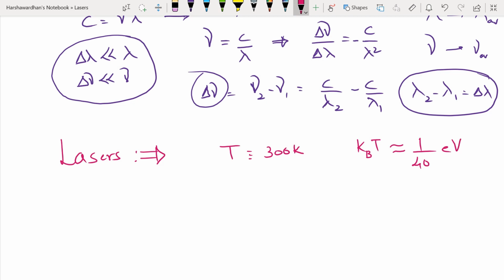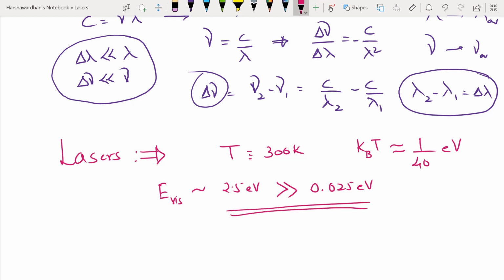So remember that we are looking at energy in the visible, which is about 2.5 electron volts, in comparison to the thermal noise, which is just 0.025 eV.